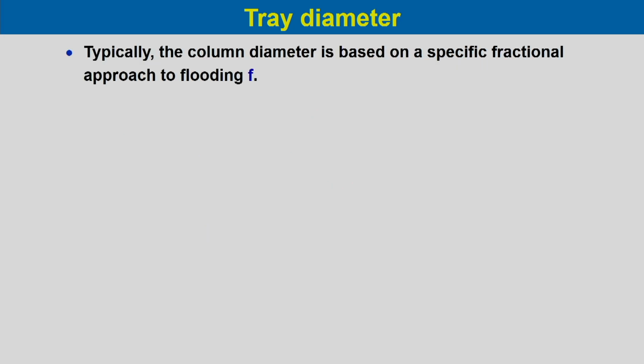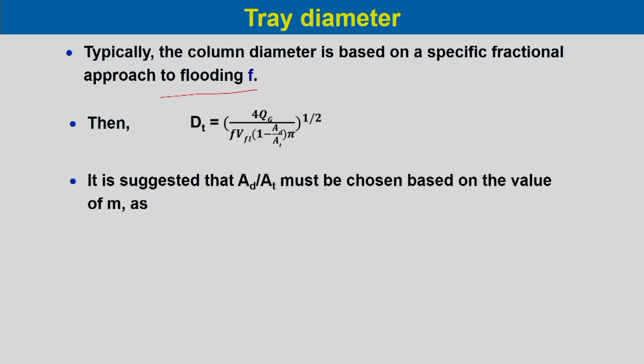Typically, the column diameter is based on a specific fractional approach to flooding. With the fractional approach to flooding F, we can write the column diameter dT equal to (4 Qg divided by (F into VFL into (1 minus AD by AT) into pi)) to the power half.